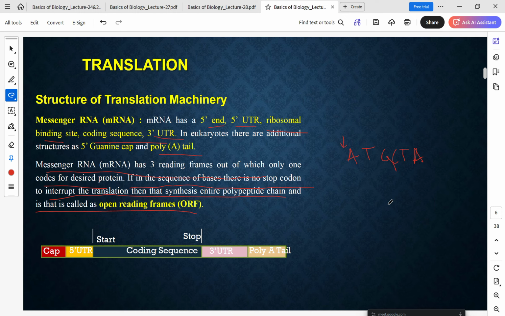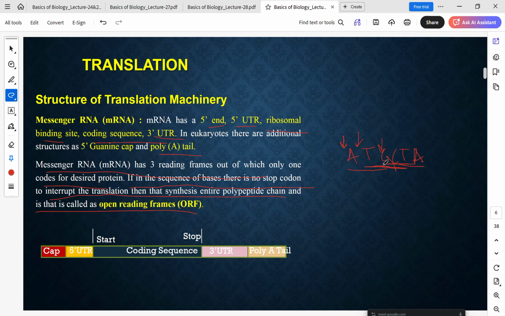So the translation machinery recognizes the RNA sequence in form of three-nucleotide sequences, which is known as a codon. So the translation can start from here, in which case it codes for 2 amino acids. It can start from here, in which case it codes for 1 amino acid, or it can start from here.